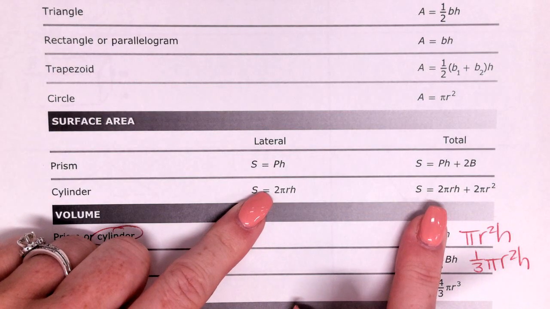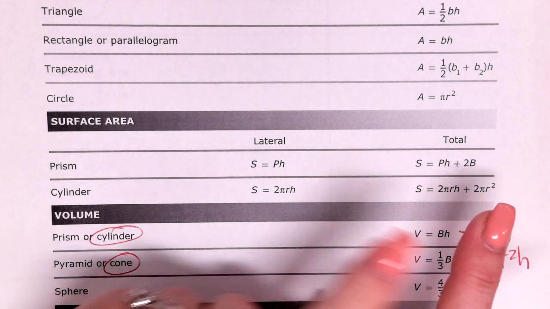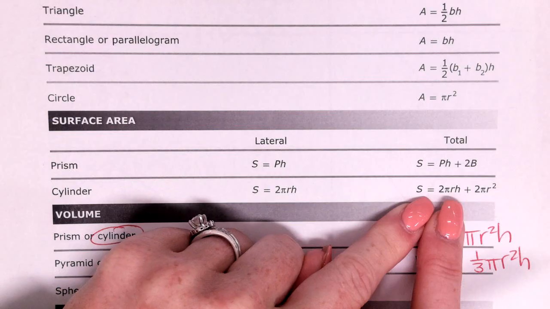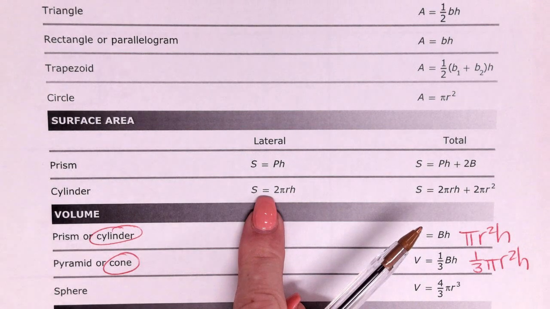If they don't say either of them and they just say, what is the surface area, which one would you pick? Total. So I said, hey, what's the surface area of this cup? What am I really asking for? The whole thing. Okay, so if they're never specific, always pick total. They will say the words lateral if they want you to do lateral.